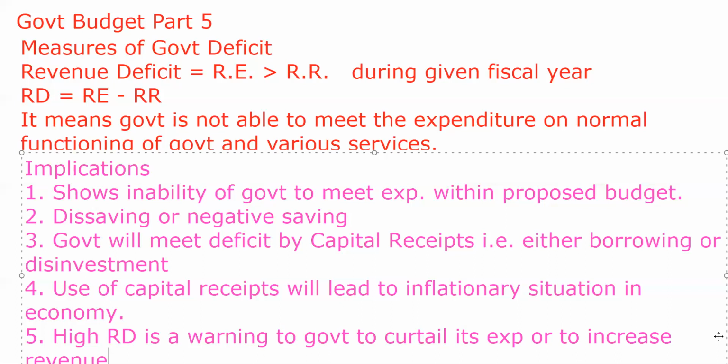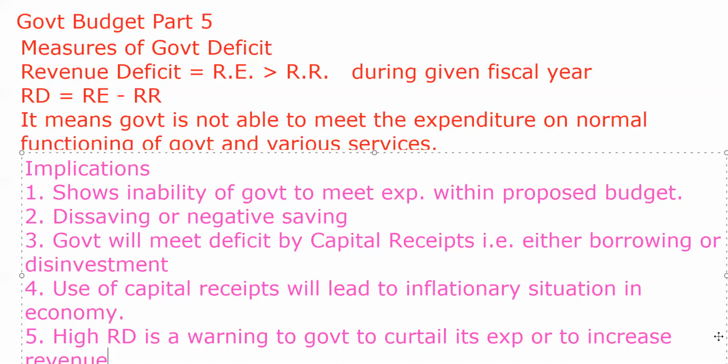First of all, we came to know what we mean by revenue deficit. Whenever the revenue expenditure is in excess of the revenue receipts, it's known as the revenue deficit during a given fiscal year. RD, how can we calculate? RD would be equal to revenue expenditure minus revenue receipts. It means the government is not able to meet the expenditure on normal functioning of the government and the various services in the economy. So what would be the implications?